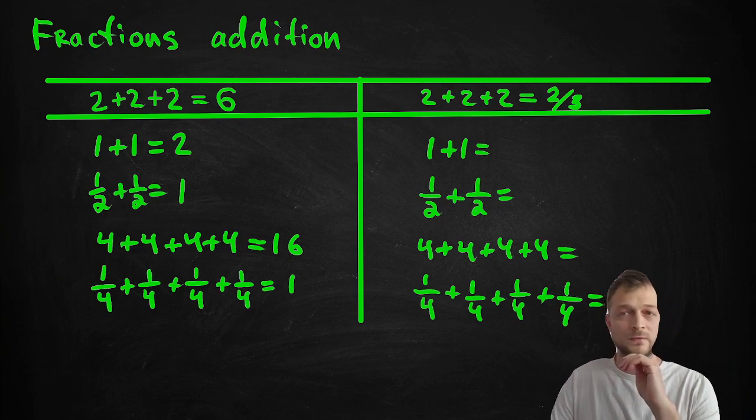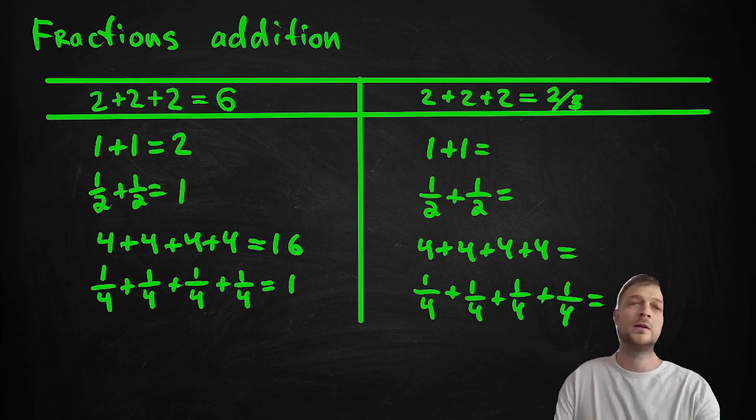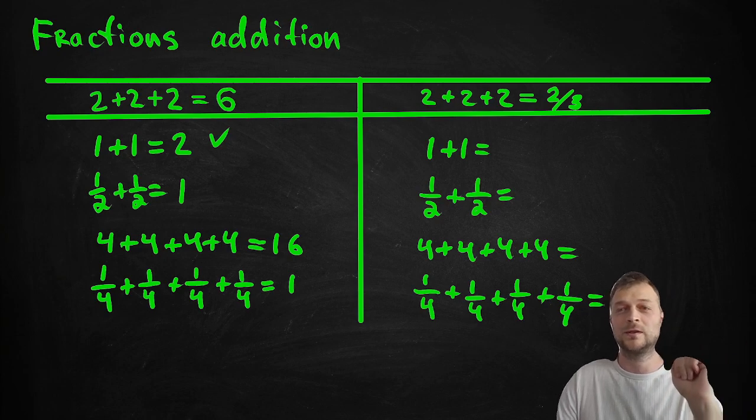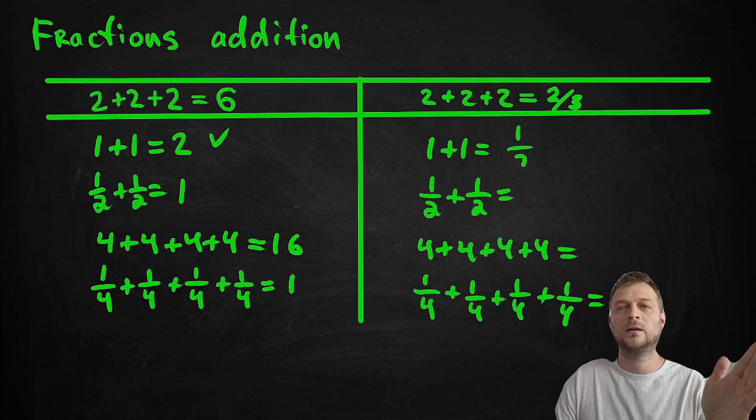On the right half I will use the mirrored situation. So if we have in the standard situation 1 + 1 = 2, it's totally understandable. On the left side we should have 1 + 1 = 1/2 to make it equivalent.